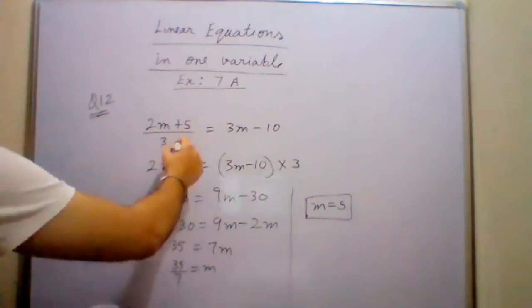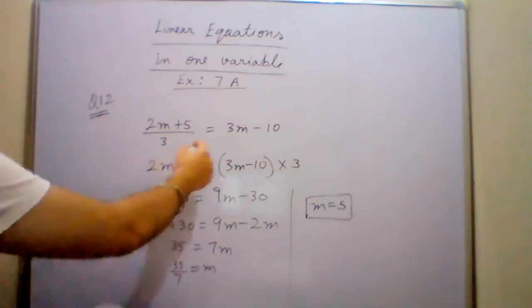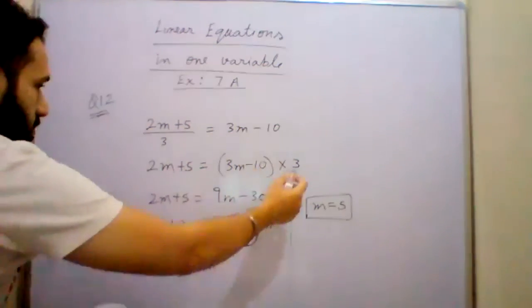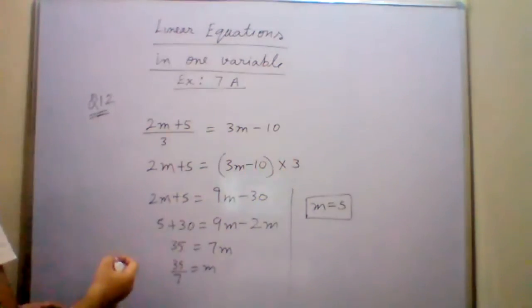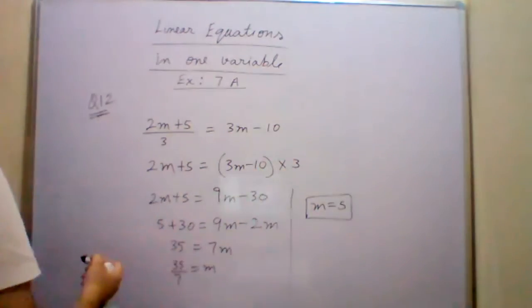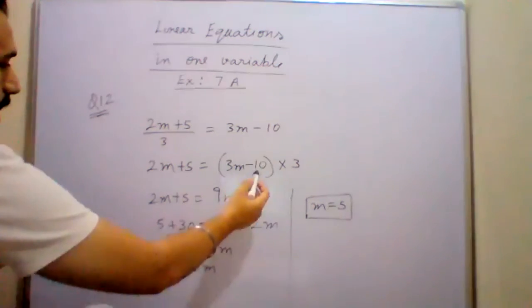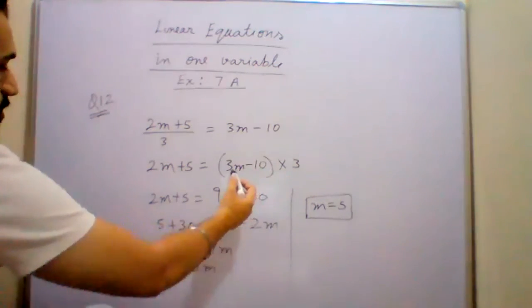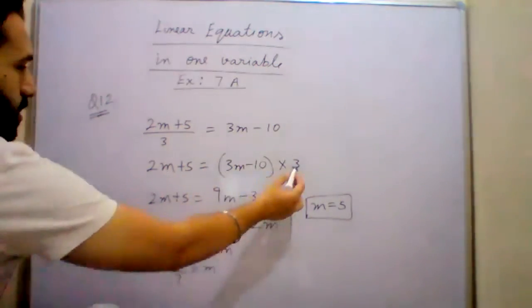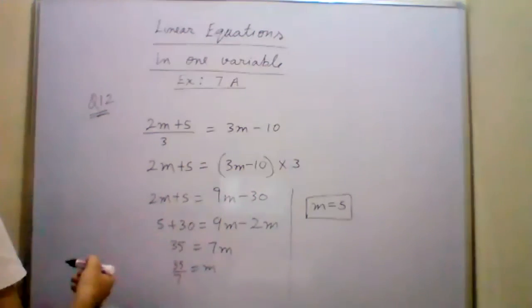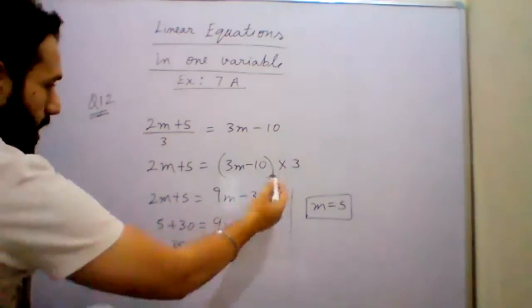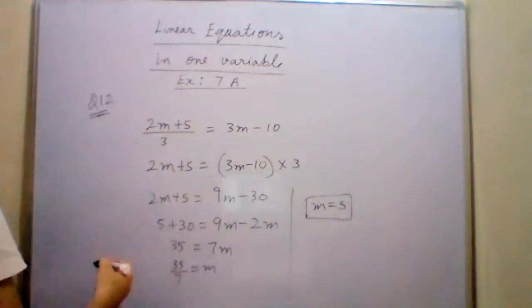This thing you have understood or not? Yes, sir. Understood. Now 3 you will multiply with both the terms. 3 into 3m is 9m and 3 into minus 10 is minus 30.